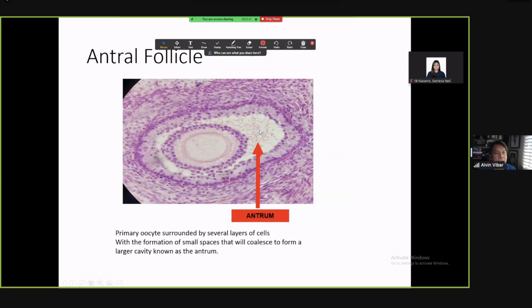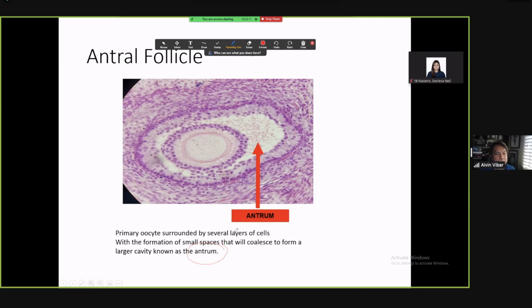Okay, next stage. You could see the appearance of a developing space or a cavity, and we call it the antrum.